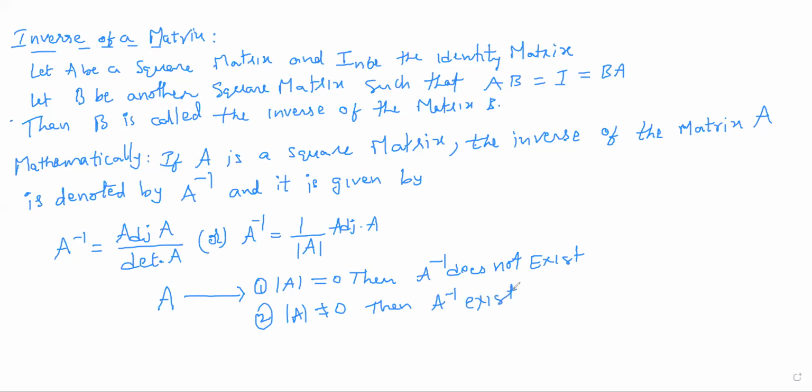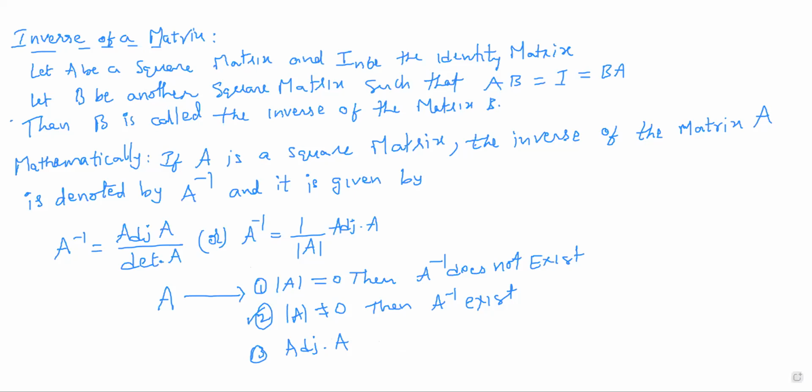So in order to calculate the inverse of a matrix capital A, first we have to find out determinant of A. Second, we have to find out adjoint A. So finally, by the ratio of adjoint A to the determinant of A, we can find out the inverse of the matrix. That is the way of finding the inverse of a matrix.